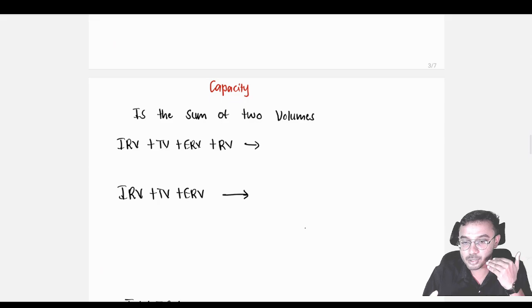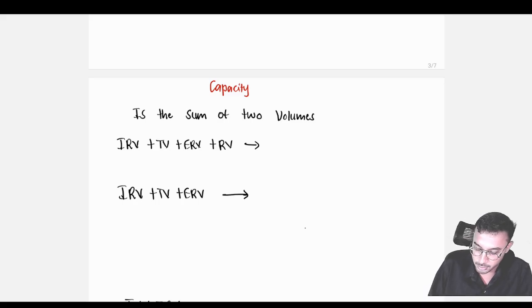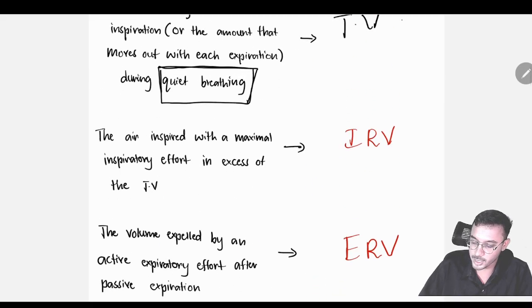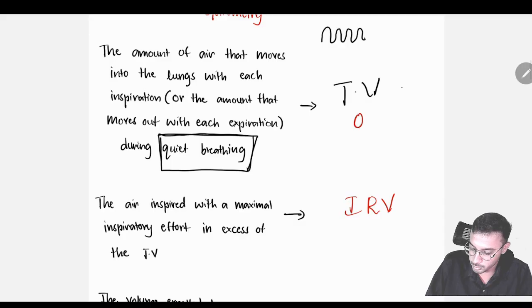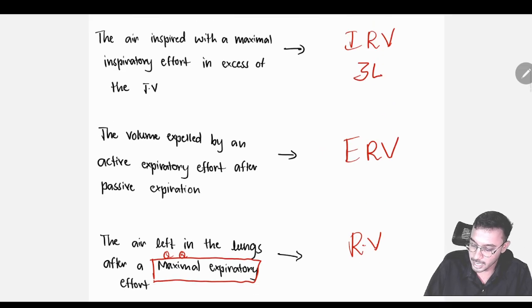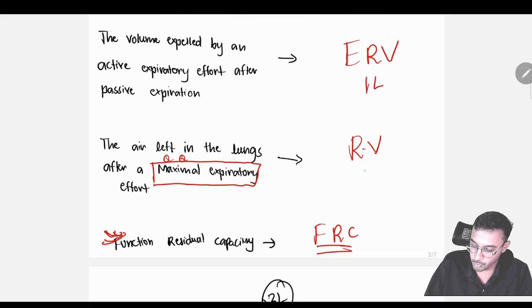If I add the lung volumes, I will get lung capacities. Capacity is nothing but the sum of two or more volumes. If I add all of TV, IRV, ERV plus RV, then I will get total lung capacity. So TV is normally 0.5 liters, IRV 3 liters, ERV 1 liter, residual volume is also 1 liter.